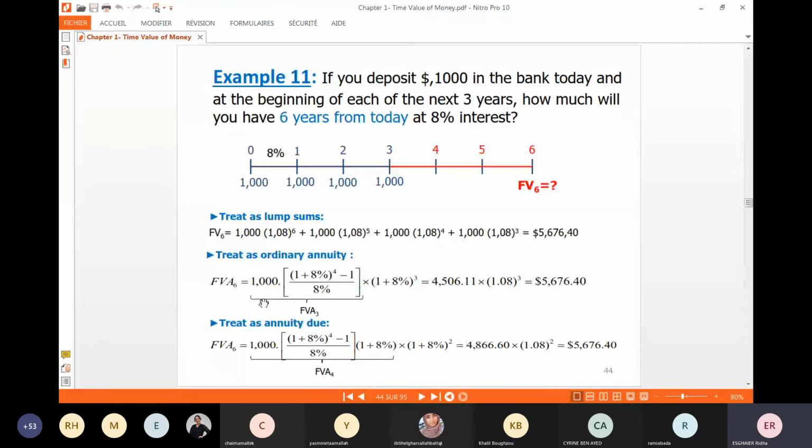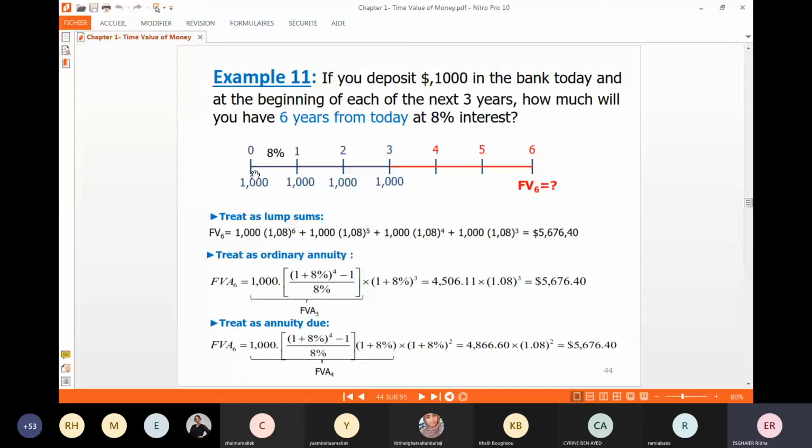Suppose that you deposit $1,000 in the bank today, and at the beginning of each of the next 3 years. You can't solve any time value problem without drawing your timeline. Always draw the timeline. Draw a correct timeline.